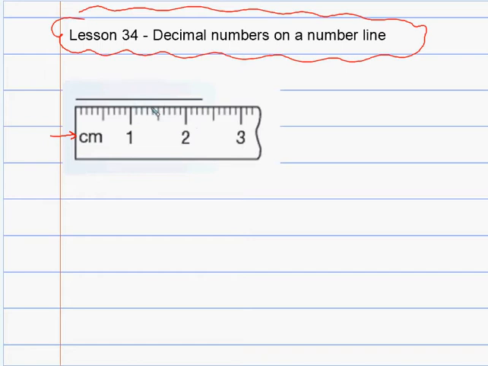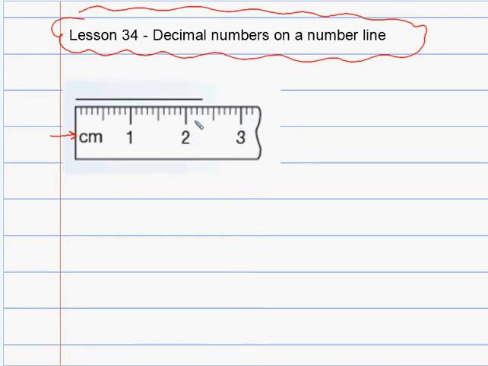Okay, so if I needed to know the measurement of this segment up here, I know it's between 2 and 3 centimeters, but you have to think back to lesson 32 and know that the smaller pieces, the sections in between, are millimeters. Now, how do I know that?